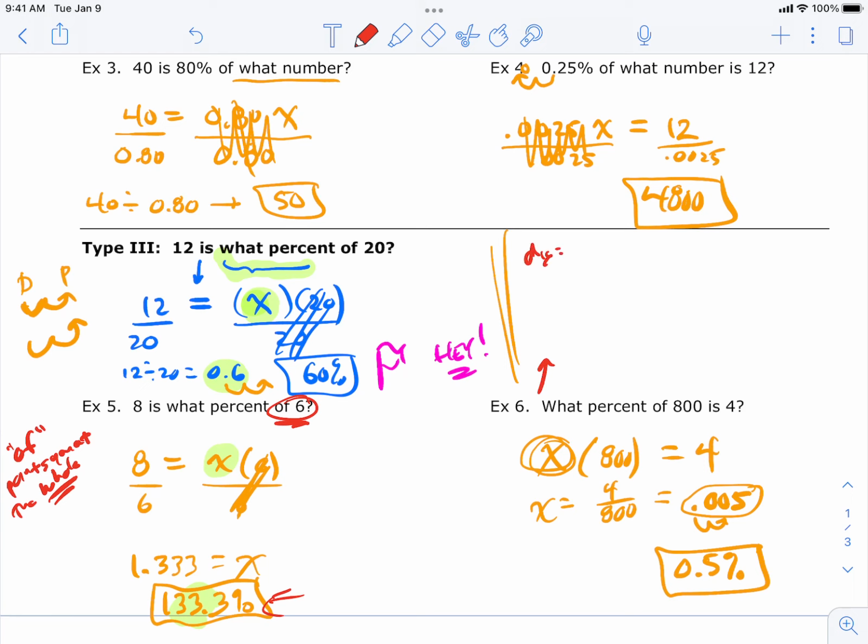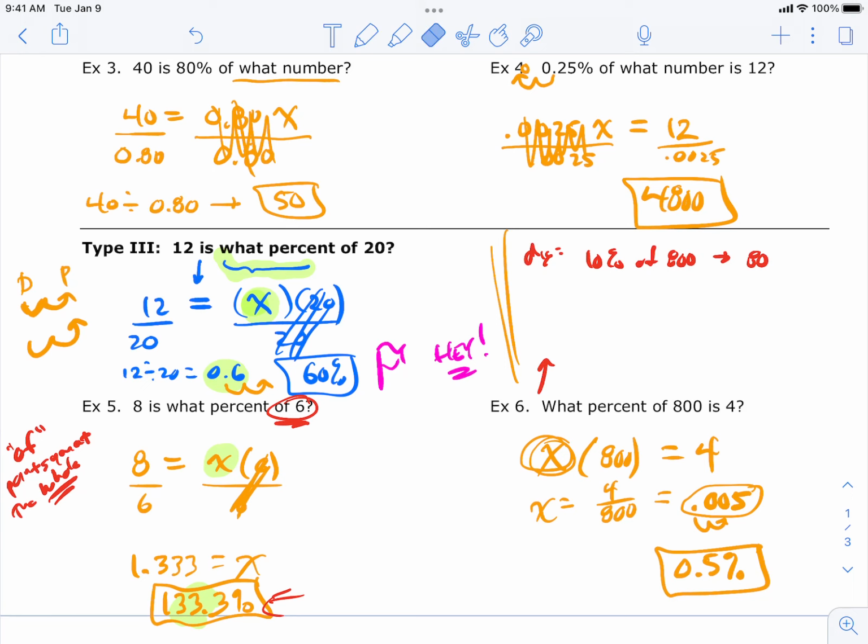If you took 10% of 800, you would get 80, right? You know that trick? If you want to take 10% of something, officially you would take the 10%, turn it into a decimal, multiply it by the 800. But to multiply by 0.1 is just going to slide this decimal back. The 800 becomes an 80.